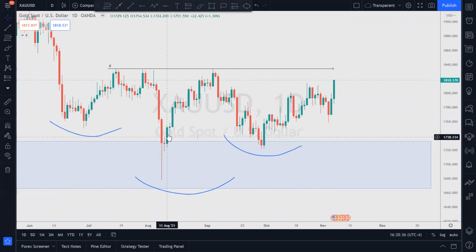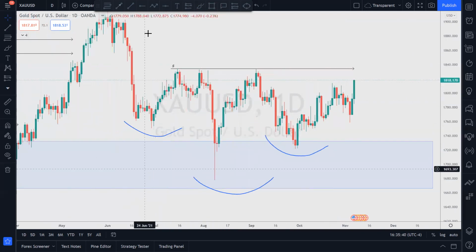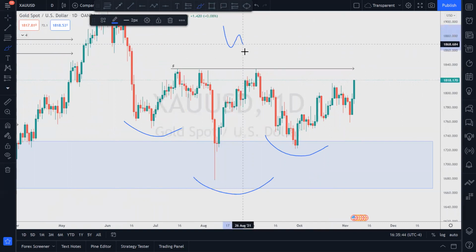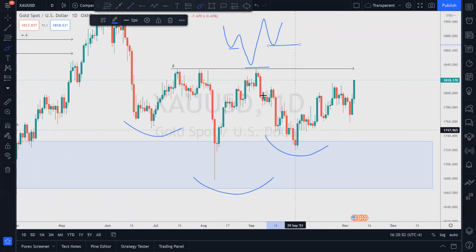So the reversal, boom, price makes it out. Now, what am I looking for? I'm looking for signs of reversal. I'm looking for a low, a lower low, and then a higher low. That's what I'm looking for, or an inverted head and shoulders.